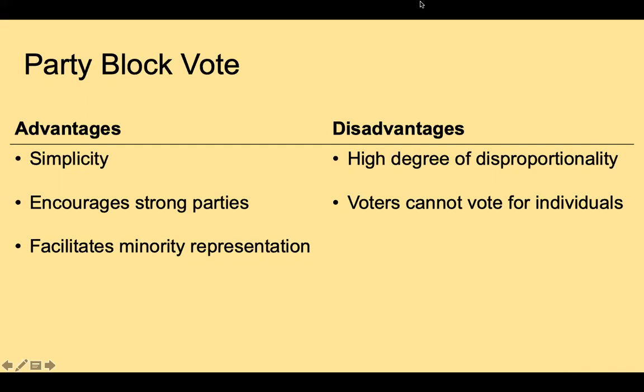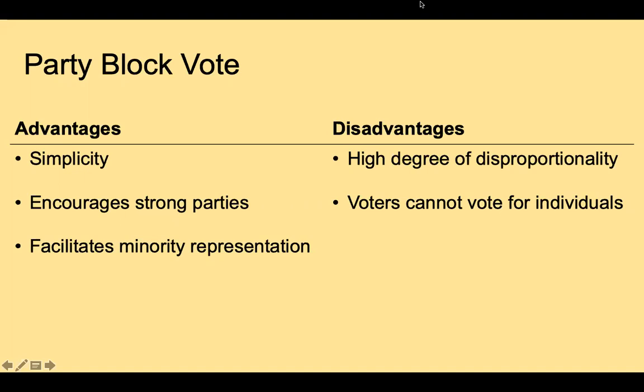But it can also be very problematic because voters don't vote for individuals. When you're voting for just a party, you're giving the party leadership control over the composition of the portion of the legislature to be filled by the party after the results of the election. And this can lead to a great deal of corruption.